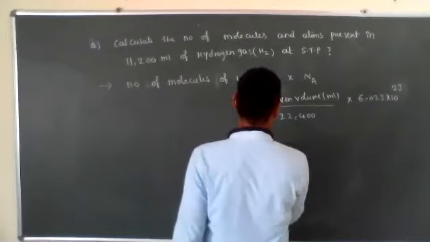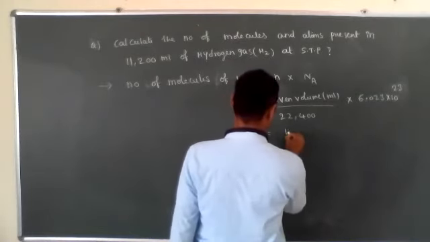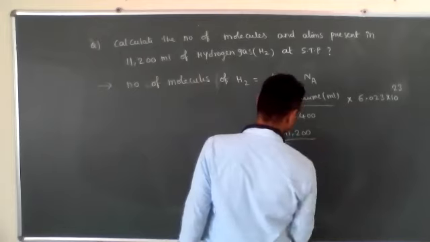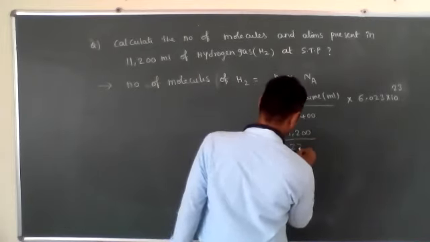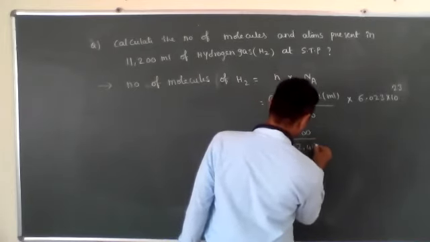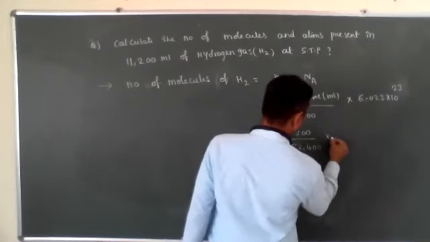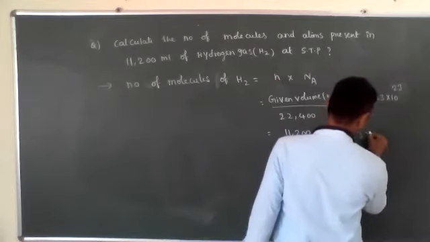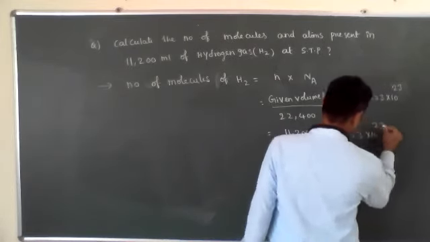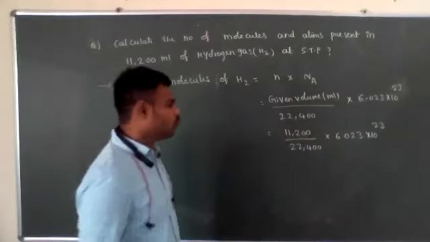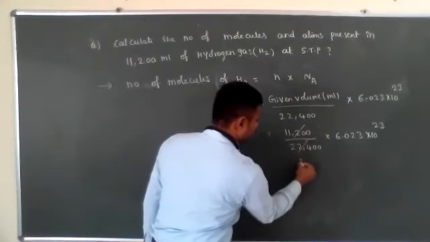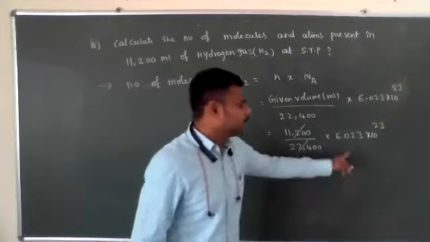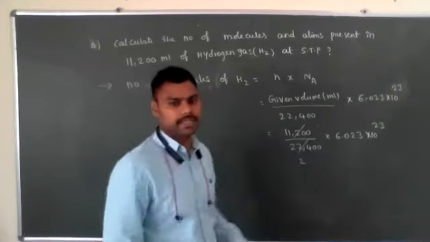So the given volume is 11,200 by 22,400 ml. It's nothing but half a mole, 1 by 2. Half a mole means half of Avogadro number, N_A by 2 molecules are present.